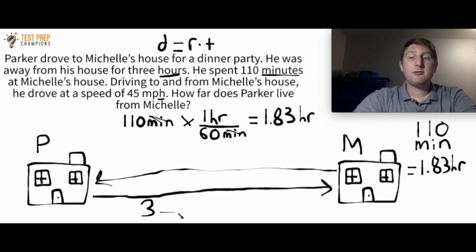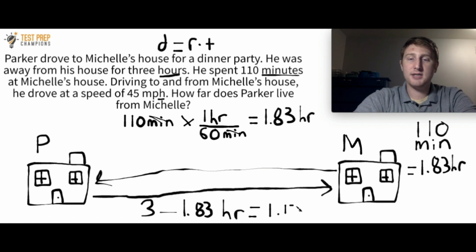So if I do 3 minus 1.83, that's going to tell me the total amount of time that I was in the car driving. And so I do that, and if I use a calculator here, I get 1.17 hours. Now keep in mind here that, depending on how you round this, you might get a slightly different number, but you should get something very close to this number right here.